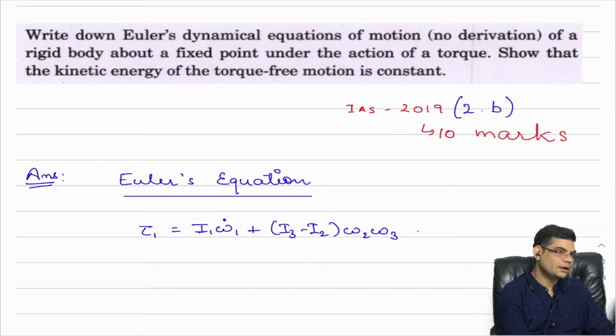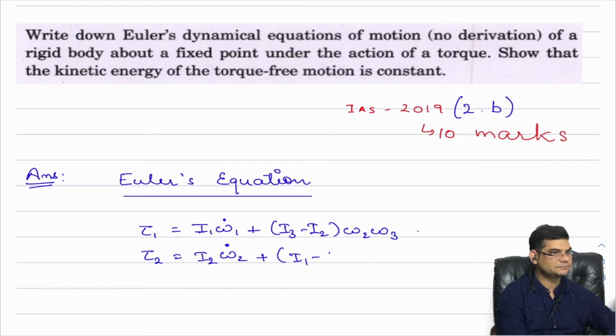Now tau 2 is equal to I2 omega 2 dot plus I1 minus I3 omega 3 omega 1.